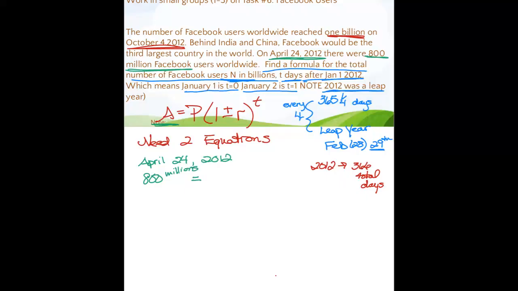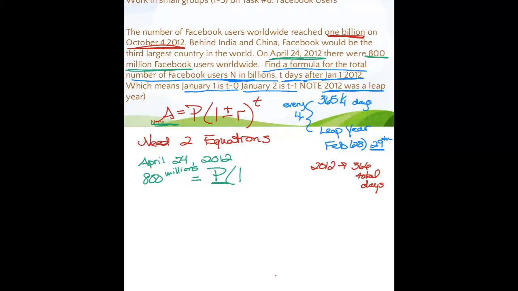Equals P. Do I know the initial amount back at the beginning of the year on January 1st? Do I know how many we had on January 1st? No. So that's going to be capital P, times parenthesis, our growth factor.